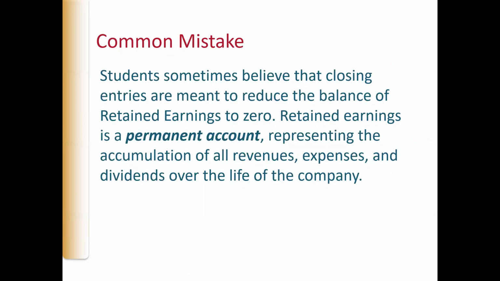Students sometimes think that closing entries are meant to reduce the balance of retained earnings to zero. Retained earnings, that account's a permanent account. That represents the accumulation of all income minus expenses minus dividends since the company began. Okay?